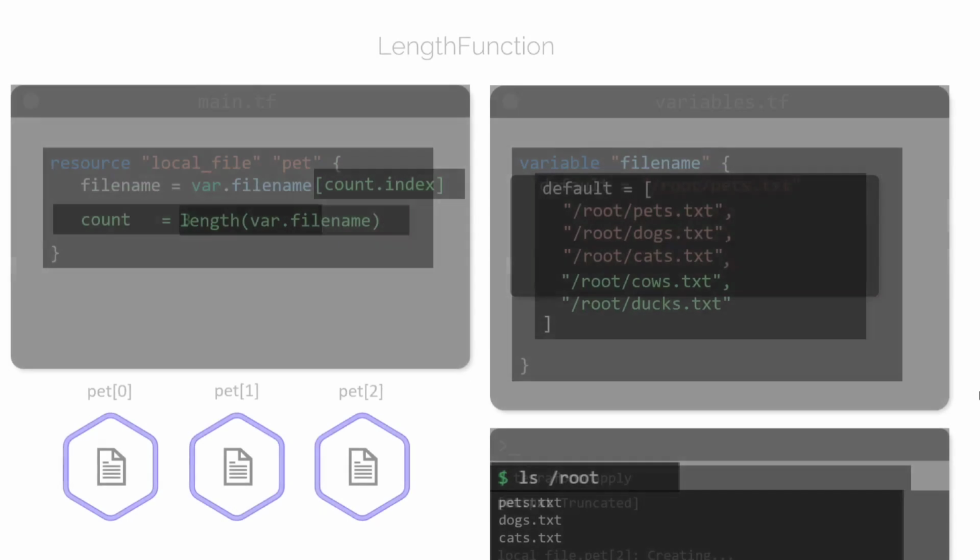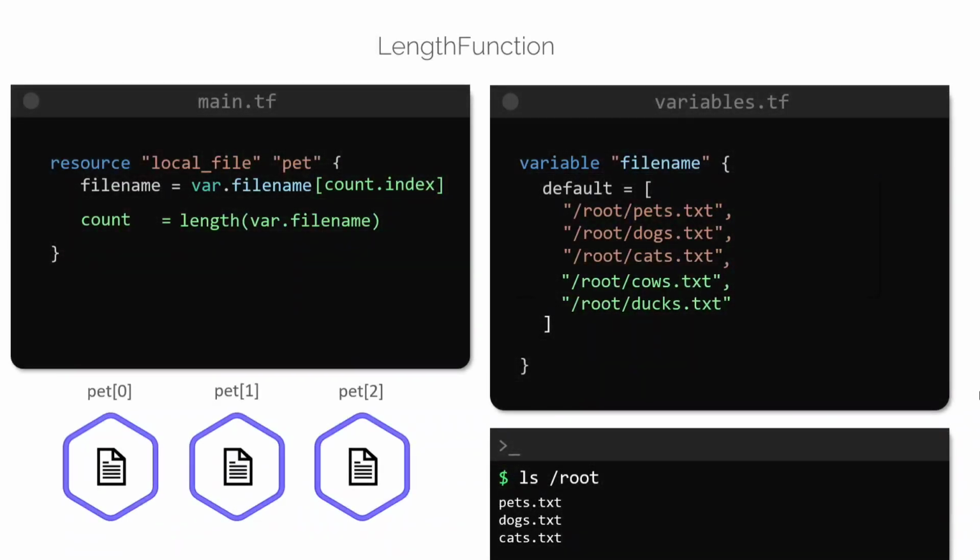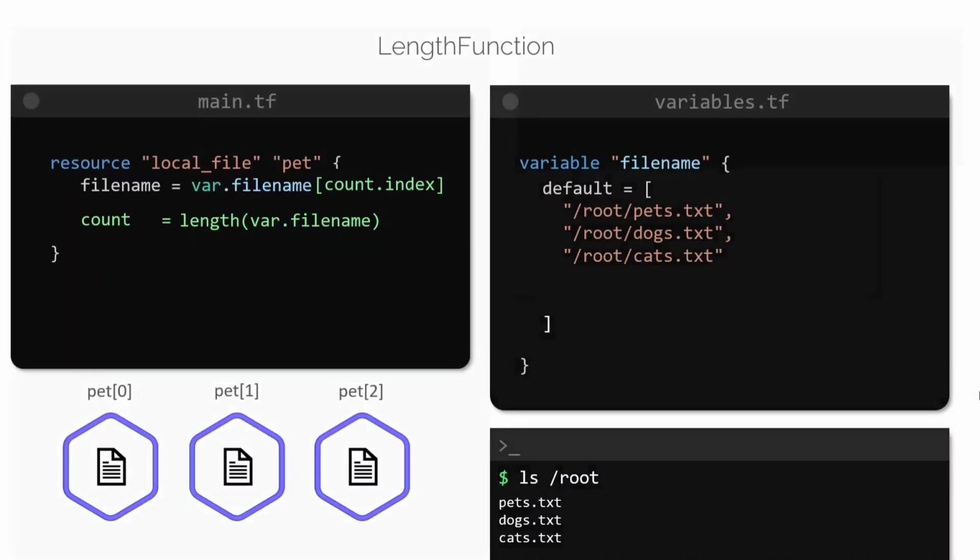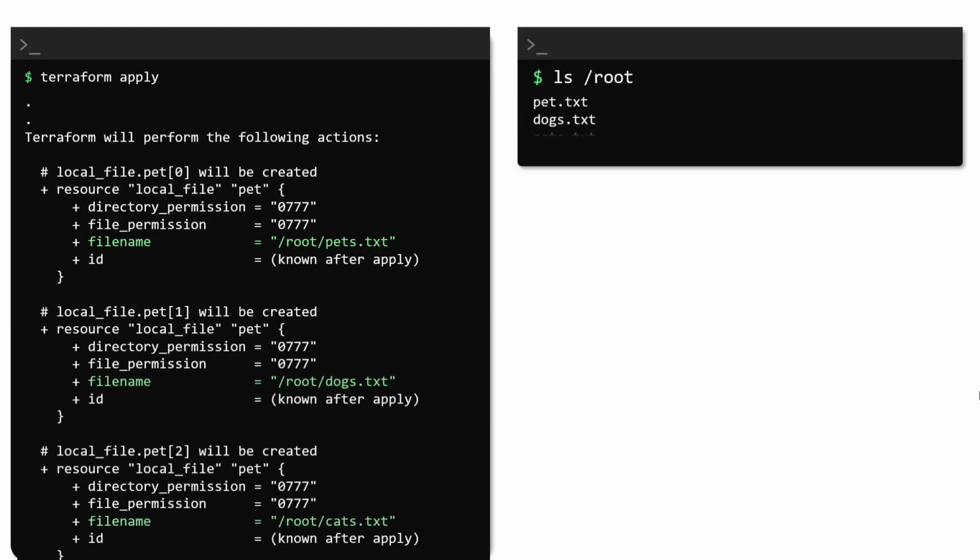We are now ready to run Terraform apply. But before we do that, let's change the default value for the file name variable back to 3 elements. And that's it. If we run Terraform plan and apply now, we should see that 3 resources with distinct file names have been created. There is, however, another significant drawback when we use the count meta argument to loop through variables this way.